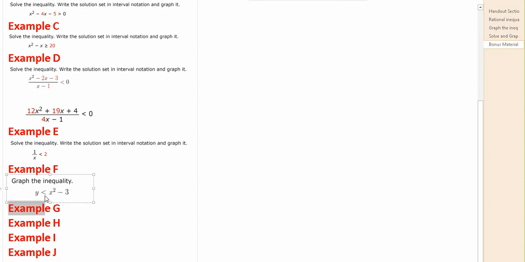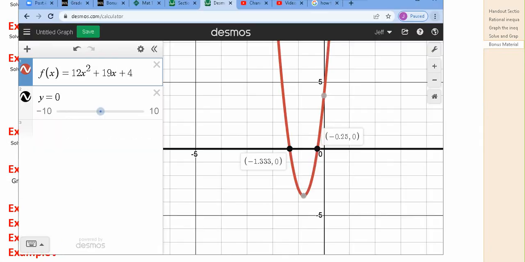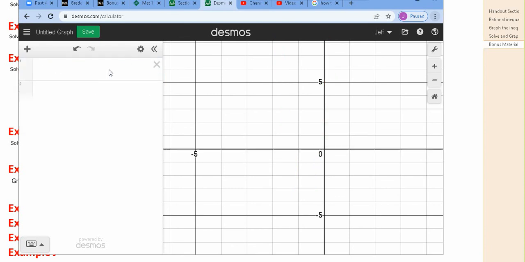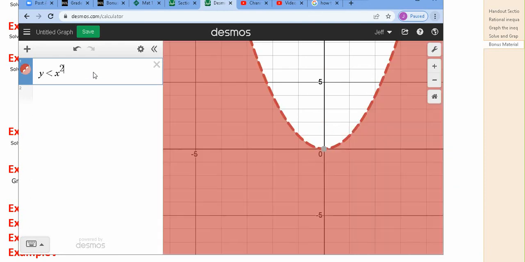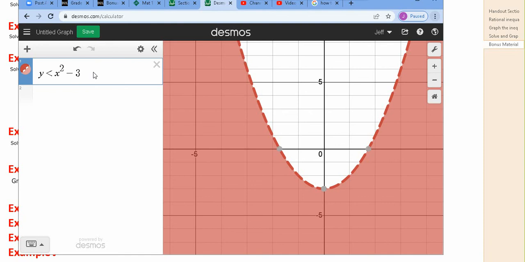The last one, this is just a little linear inequality, or excuse me, a parabolic inequality. We can talk more about this when we get to linear programming. But we just want to look at where y is less than x squared minus 3.